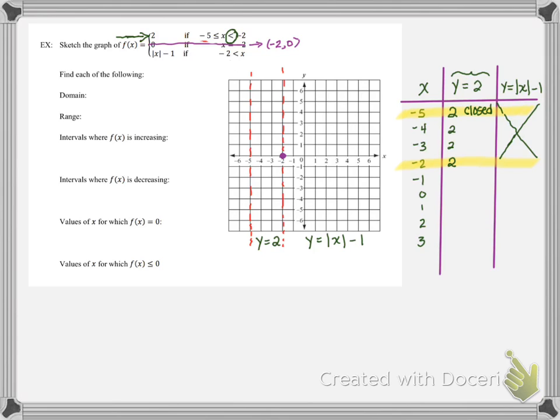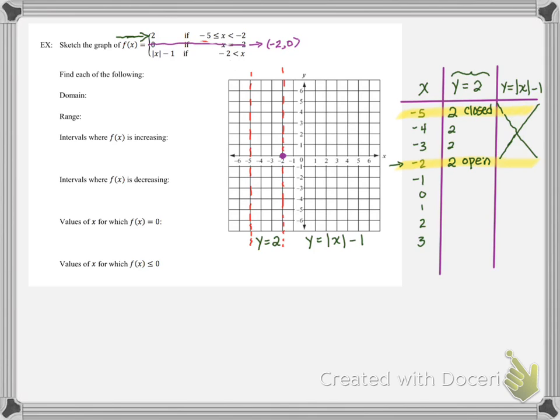Yes? Why did we include on the first equation? You mean where x is -5? Yeah, we just put open? Because it's technically not including the -2 on the first equation. Do you mean this one or this one? I mean, -2 for the first equation.